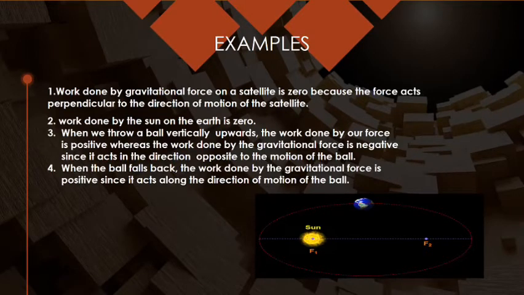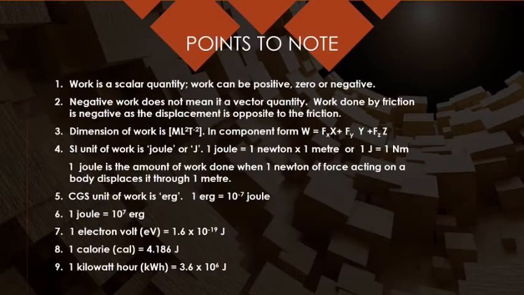You have to see the direction of the displacement vector and then decide. A few points you can note: work done is a scalar quantity, but it can have positive, 0 or negative values. Negative work does not mean that it is a vector quantity. It is simply showing you that the direction of the displacement is opposite.